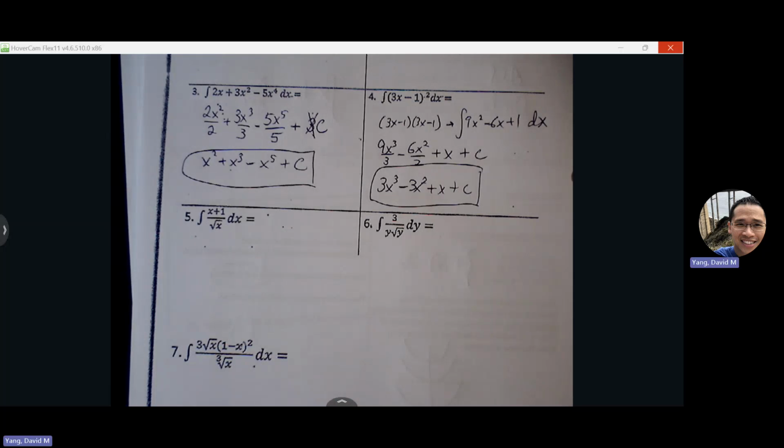All right, number 5. What do we need to do before we apply power rule? Yeah. So the process that I did with power rule for first semester when we did derivatives was split up into individual fractions. Okay, and we're going to apply that same process here.